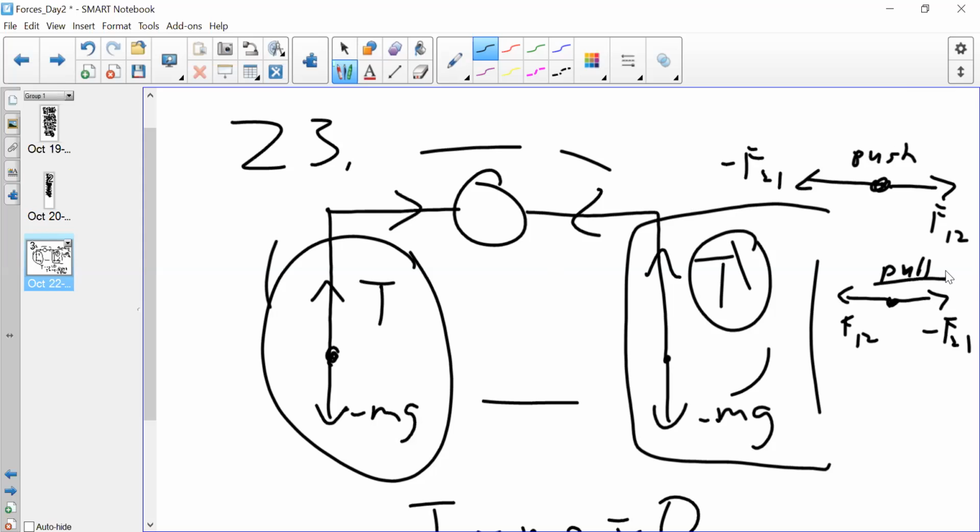Two masses pulling. The string is going to be tight at the same strength, right? But it's the team that has maybe more friction or more mass. At some point, they pull with an unbalanced force that causes the other team to go forward.